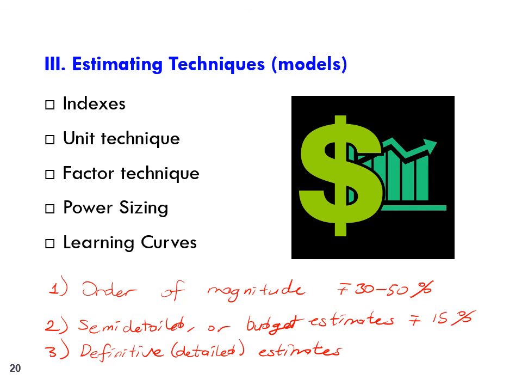These are used in the detailed engineering and construction stage of a project, and we expect the accuracy of these methods to be around plus and minus 5%. In order to obtain these estimates, we use specifications, drawings, site surveys, vendor quotations, historical records, and so on. This is a more detailed estimation technique.